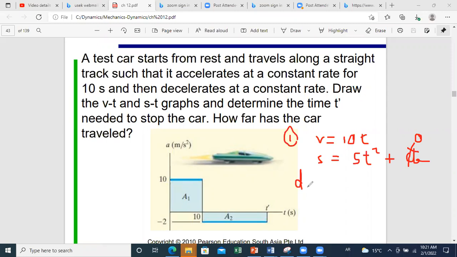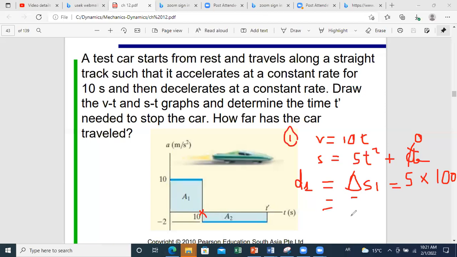So distance moved in phase 1 is equal to delta s of phase 1, because delta s is positive and no change in sense, equals to, at the end of phase 1, the time is equal to 10 seconds. So it's 5 times 100. So I traveled in phase 1 500 meters.